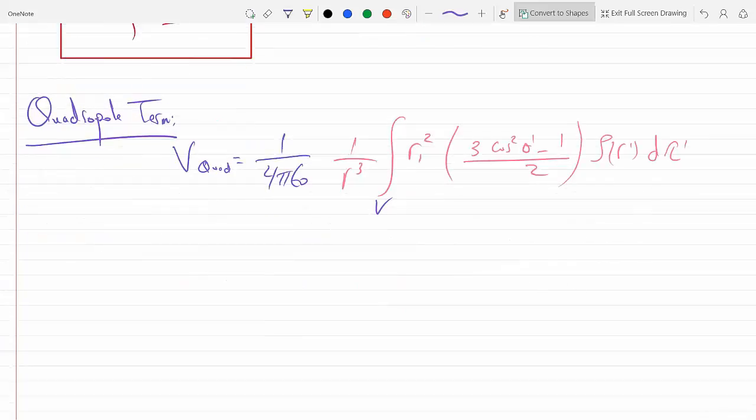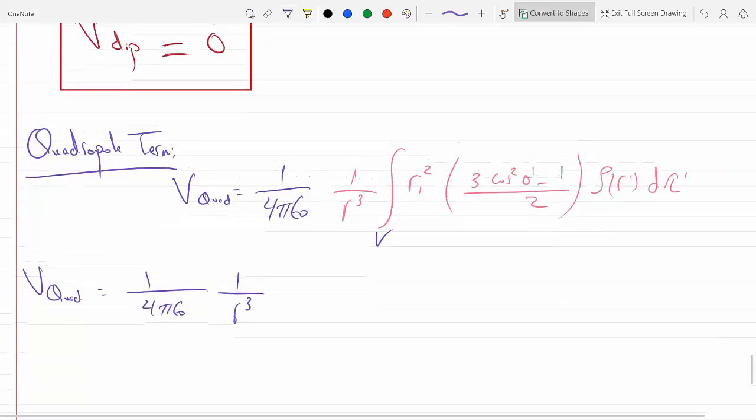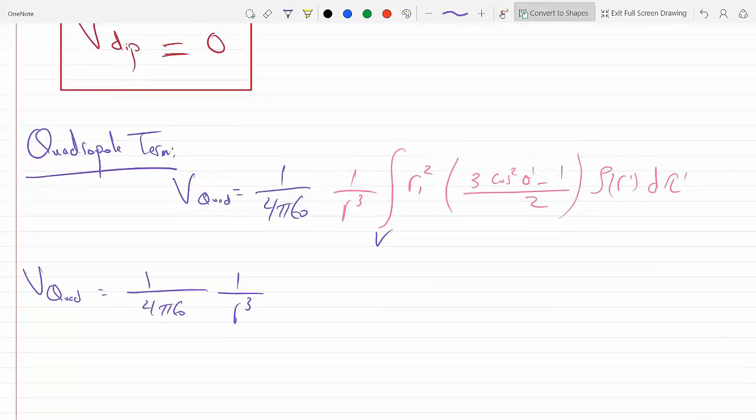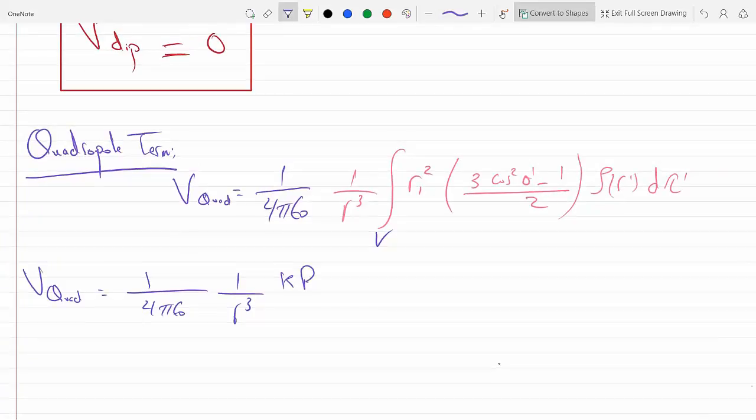Okay, let's plug in the rho. So V for the quadrupole will be 1 over 4 pi epsilon, 1 over r cubed. Bring out rho, which was k. I'm going to start simplifying right away.